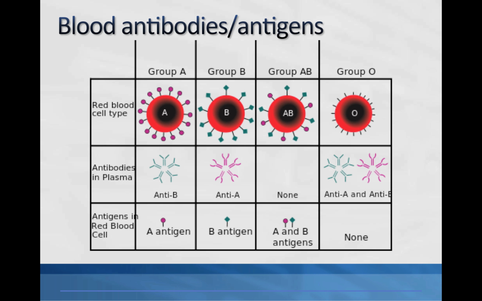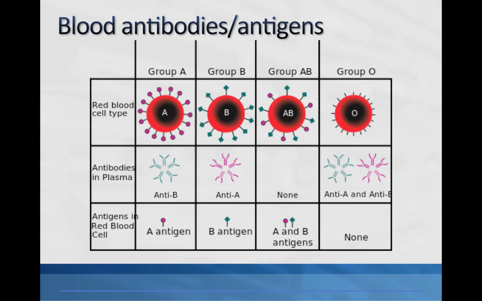Antibodies are proteins that your body makes to protect you. So if you have type A blood, the antibodies that you have are against B blood. If you look at this picture, it's called anti-B, and the ends, or the catching ends of that star type of picture, they're Y's.